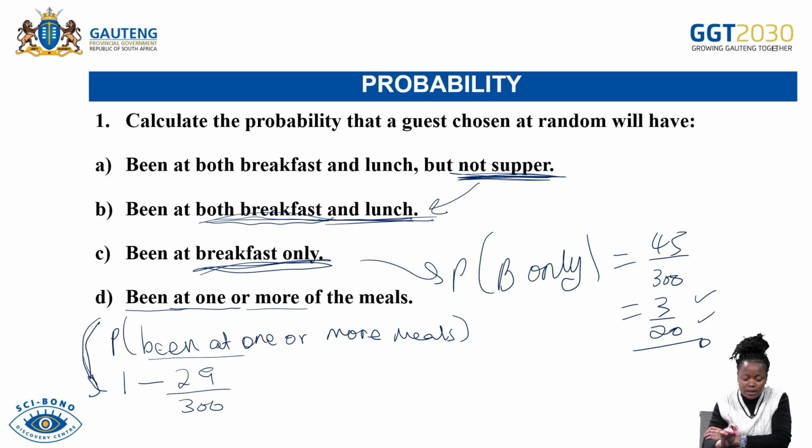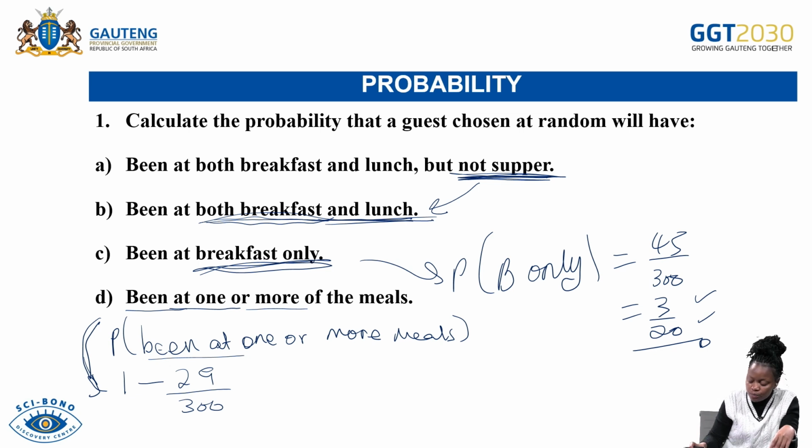On that particular day, they were not counted in the breakfast, the lunch, or the supper, but they have been at one or more of the meals. So it's 1 minus the probability of not being in any of the meals, which is 29 all over the 300.